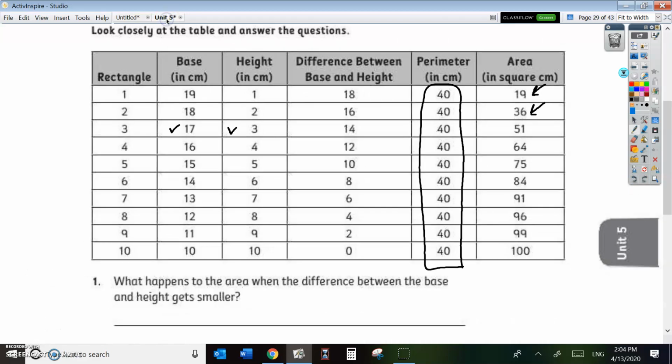The next rectangle. As you continue on down, you see that eventually they get to 10 by 10. And when you get to 10 by 10, you get the largest area for the same amount of perimeter. It's like a fence.